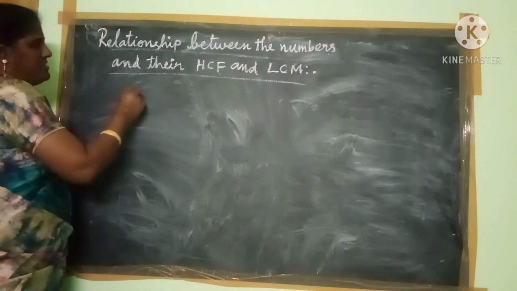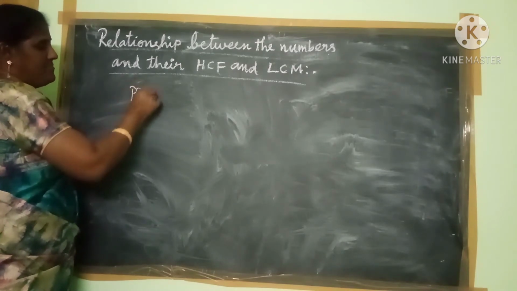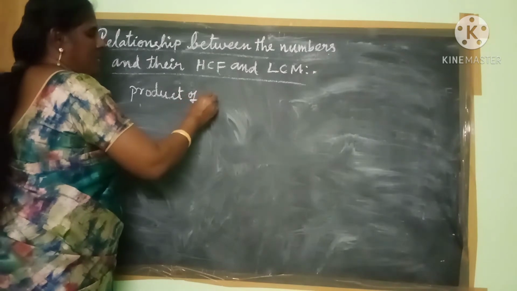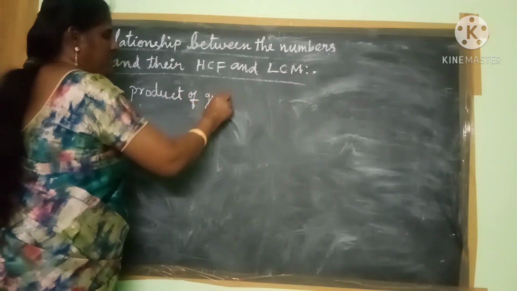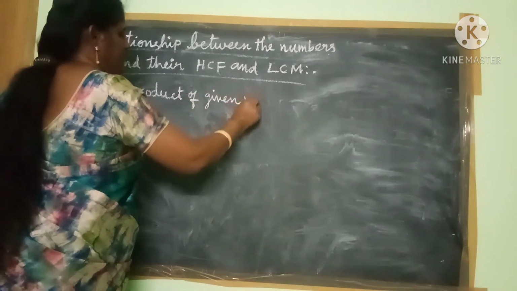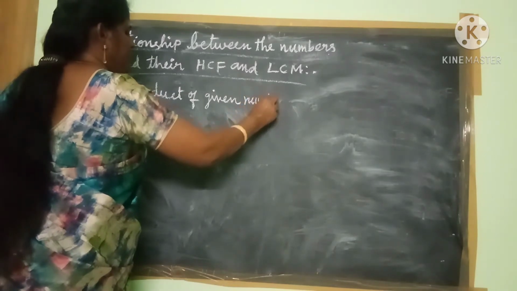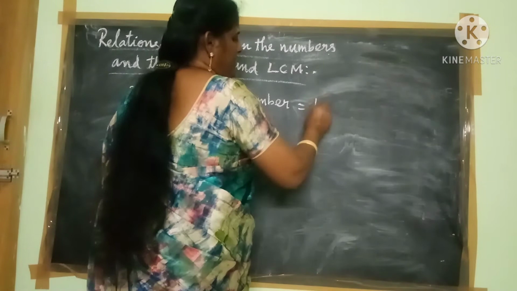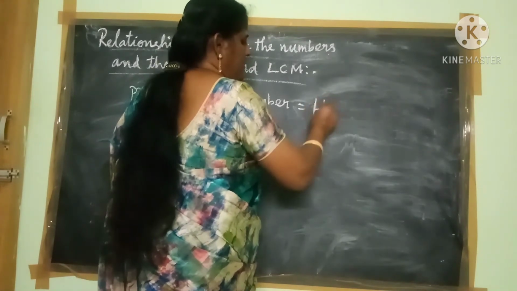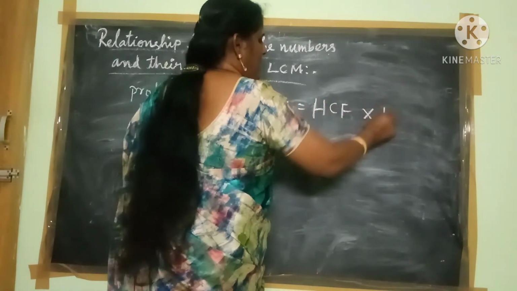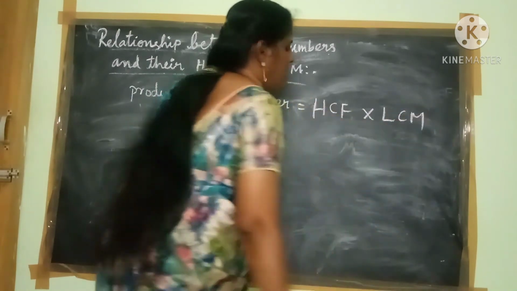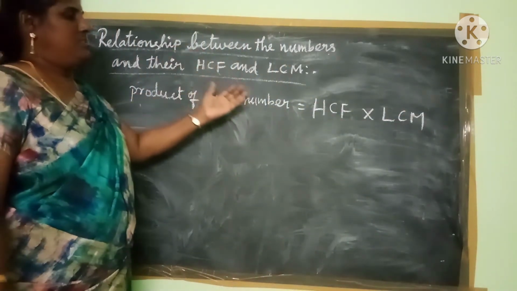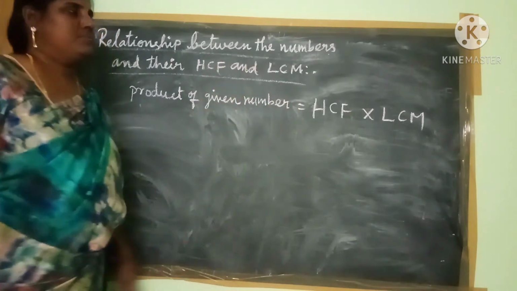The formula is: the product of the given numbers is equal to the product of HCF and LCM. This is the relation between HCF, LCM and the given numbers.